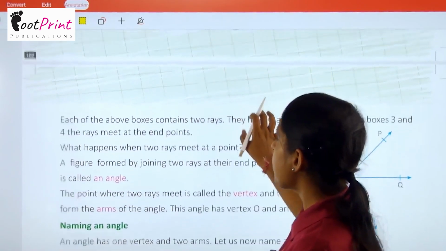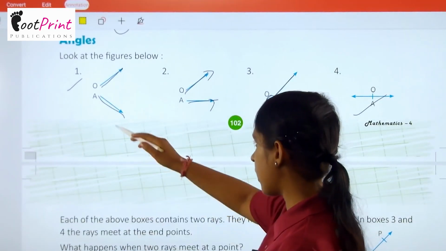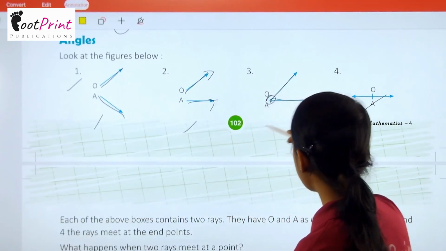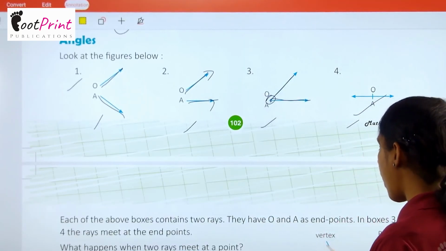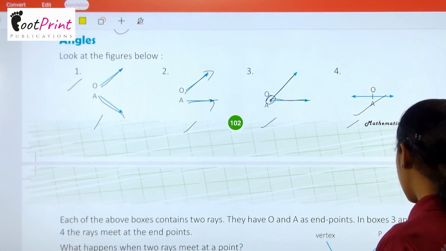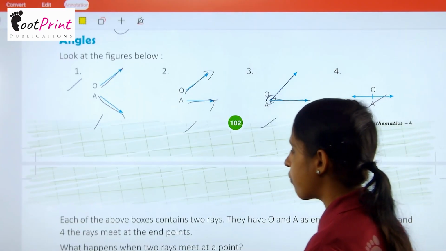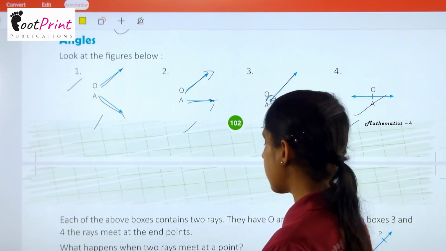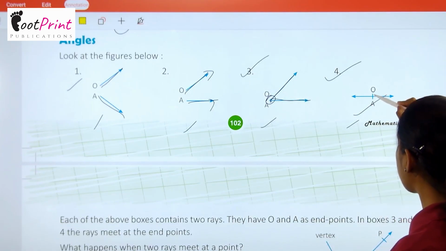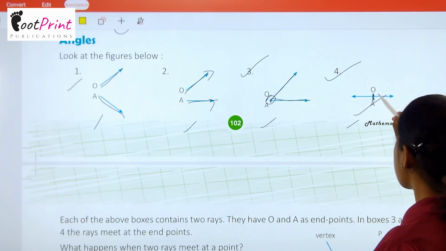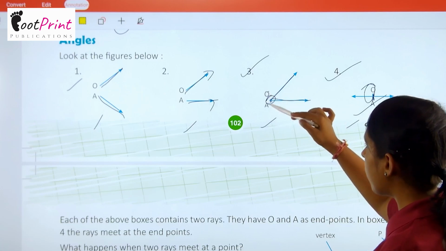So each of the boxes contain 2 rays. They have O and A as endpoints. In boxes 3 and 4, the rays meet at the end point. So in 3 or 4 we can see that here 2 rays meet on the point O.